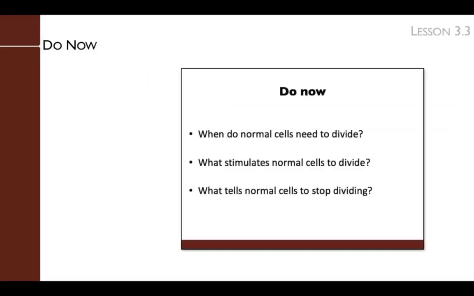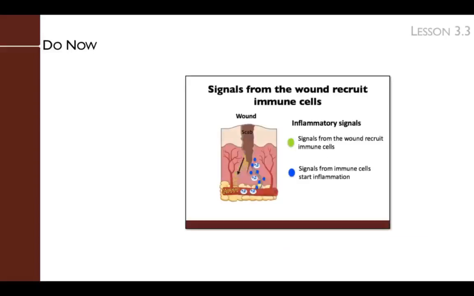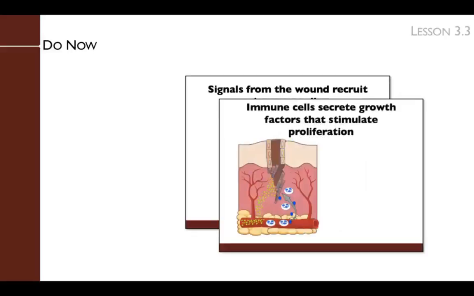The do now harks back to lesson 2.3, which used wound healing as an example of the types of signals cells produce when they need to start and stop dividing in order to heal wounded tissue. First, the environment of the wound starts to recruit immune cells, and these immune cells secrete growth factors that stimulate cells to proliferate.